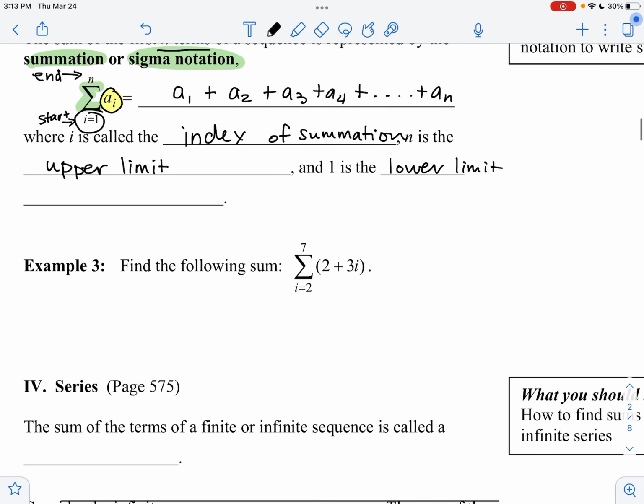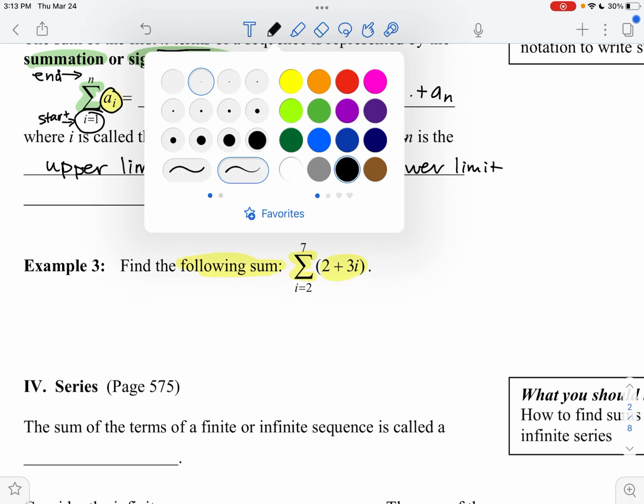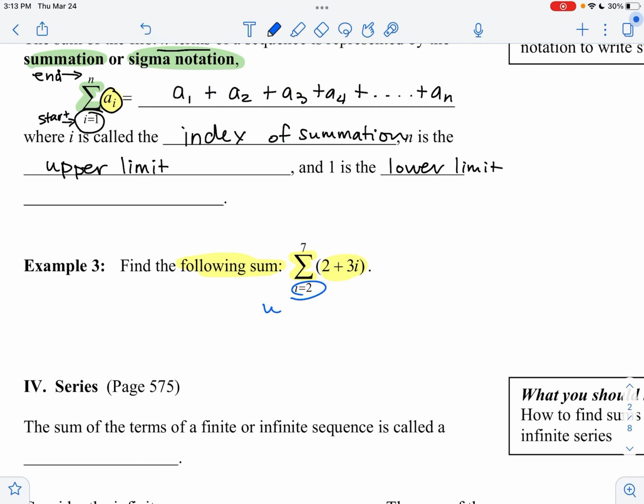Okay, so if I wanted to find the following sum, remember this is summation notation. Here's our function that we're plugging into. Here's our lower limit, and here's our upper.